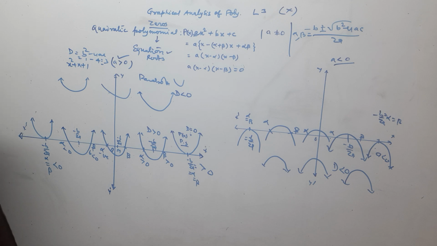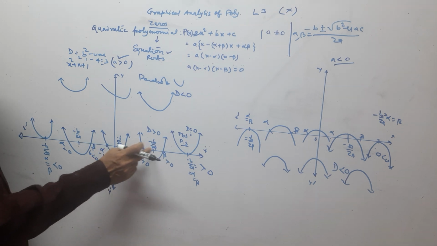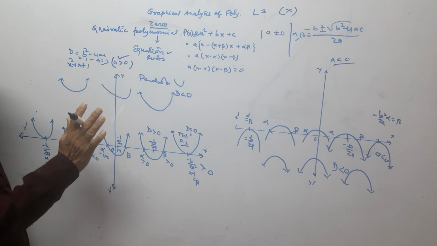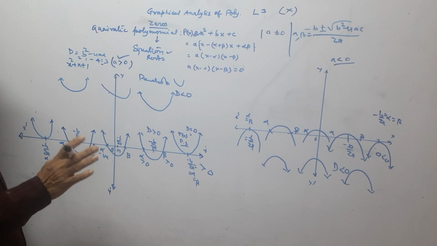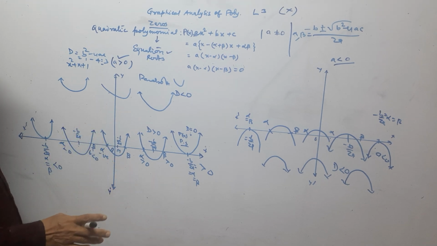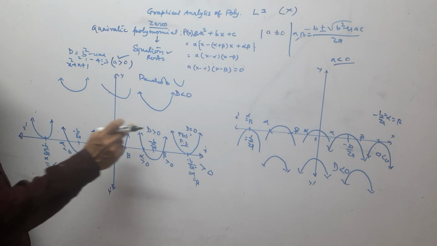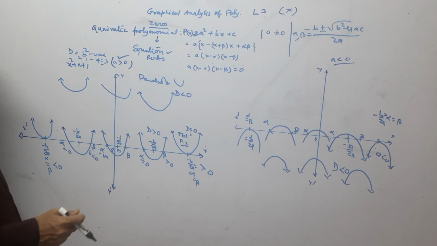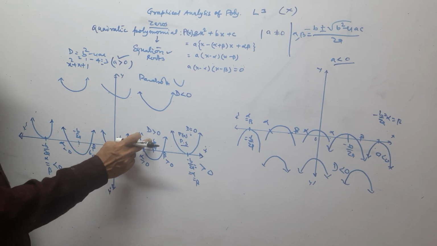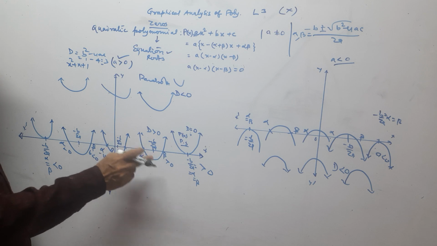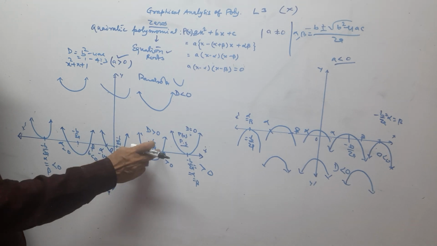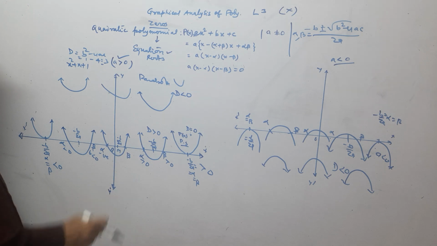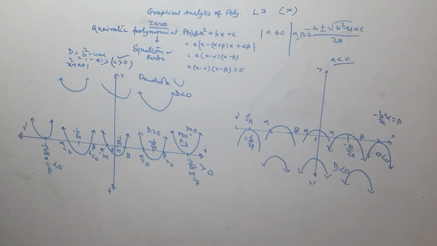Clear? So this is the case when both the zeros are not equal and both are positive and D is greater than 0. In this case minus b by 2a is positive. This is the middle place between alpha and beta. So this is one case.